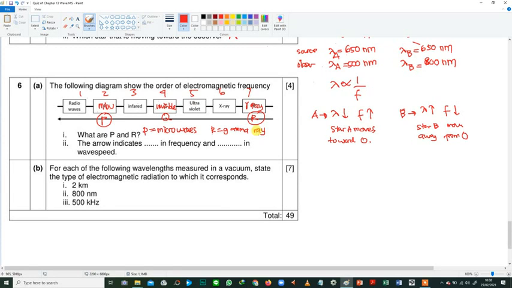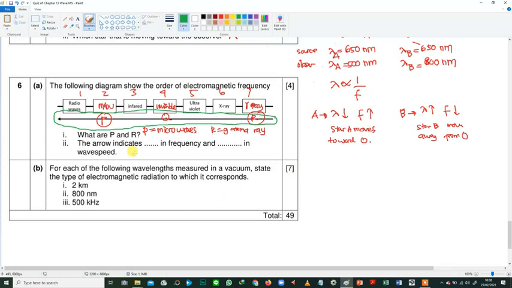The arrow, now which arrow do you have? Okay, wait a minute, the arrow is this one. As you can see, the arrow is going from the gamma ray to the radio wave. You know already, when it goes from gamma ray to the radio wave, what happens with the frequency? Frequency will decrease.